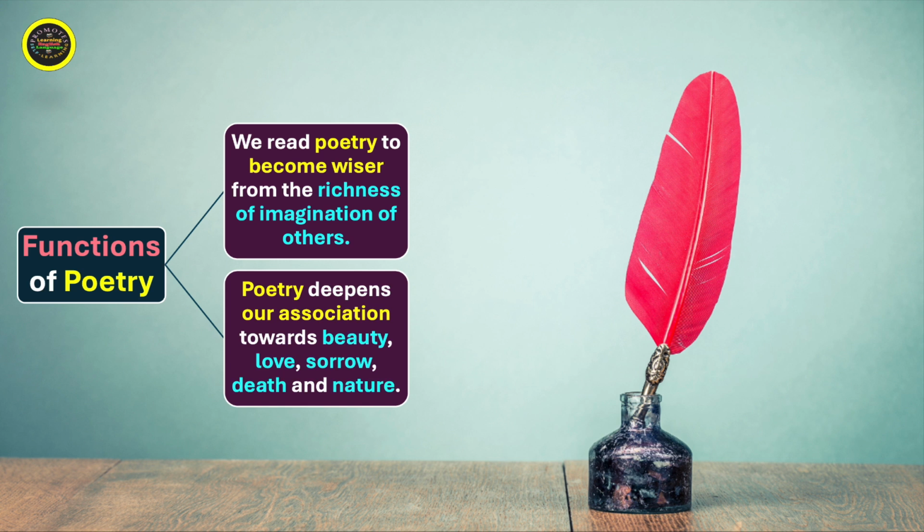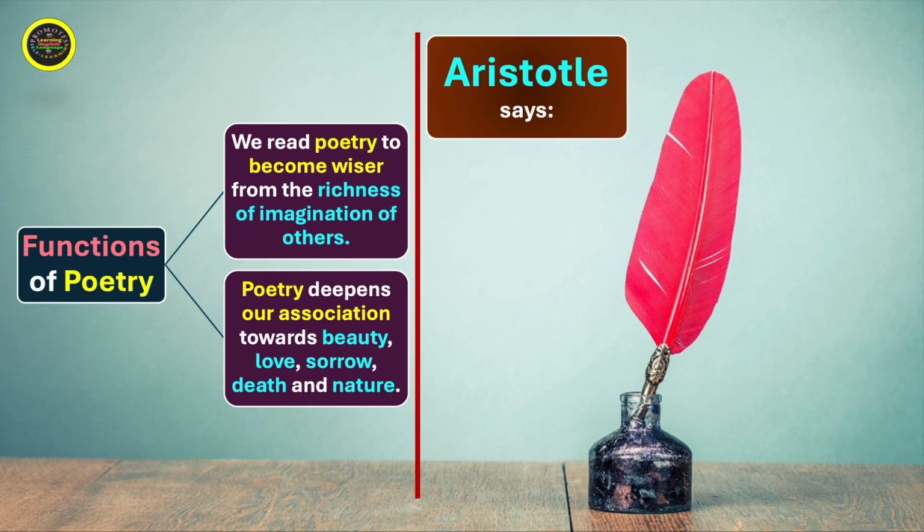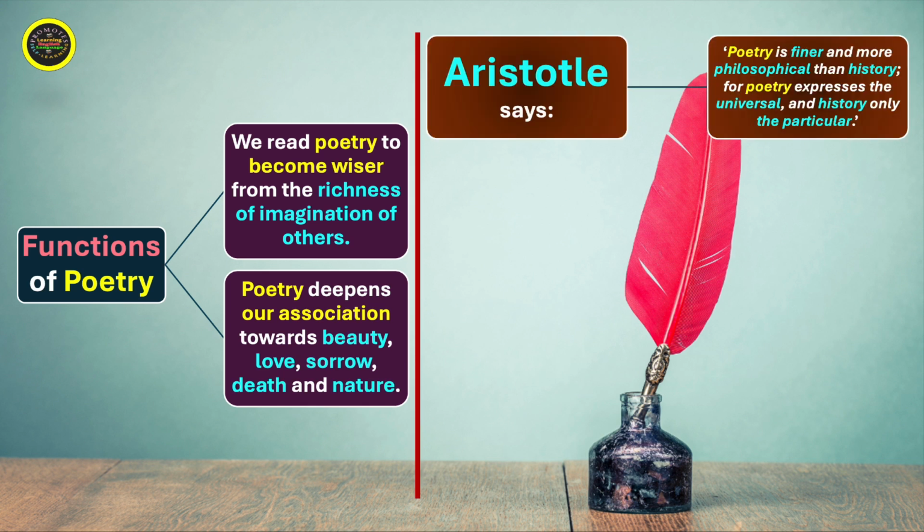Let's see, we can have some more ideas linked to this aspect of discussion. Aristotle says poetry is finer and more philosophical than history, for poetry expresses the universal and history only the particular. So according to Aristotle, poetry is more beautiful, much finer, more melodious, more appealing, more soothing.